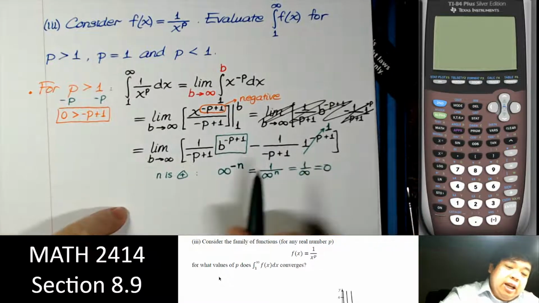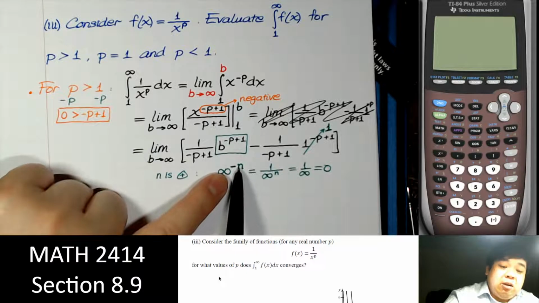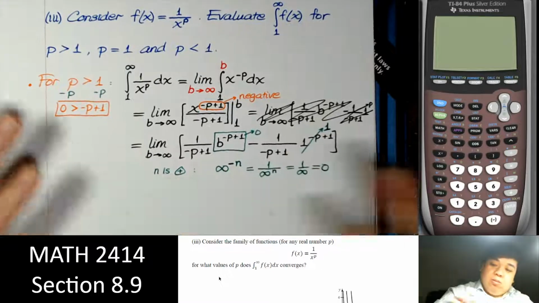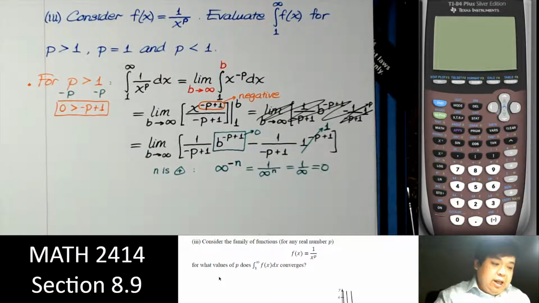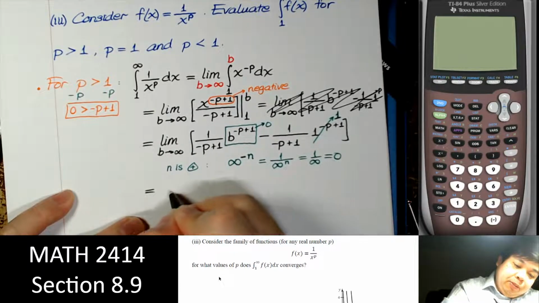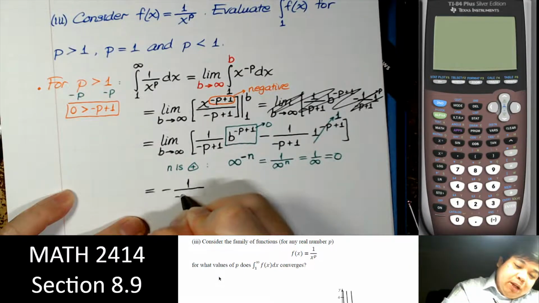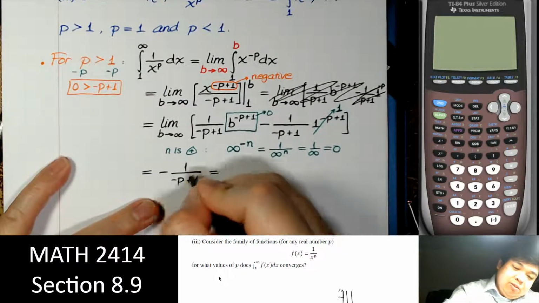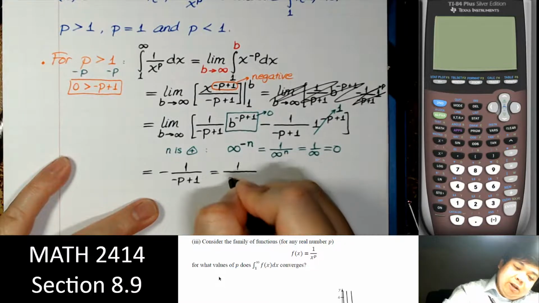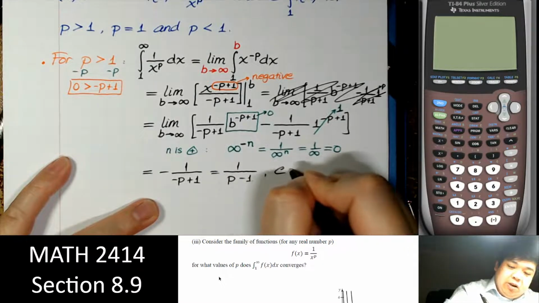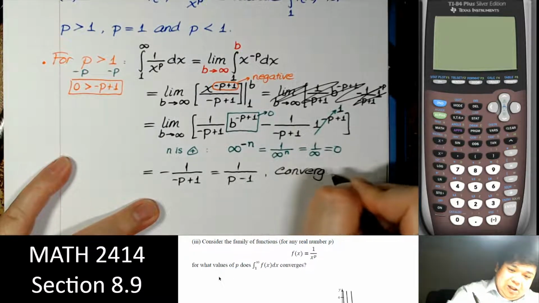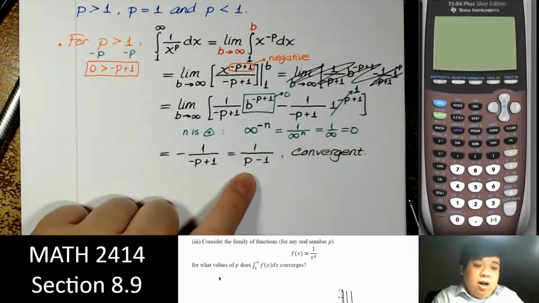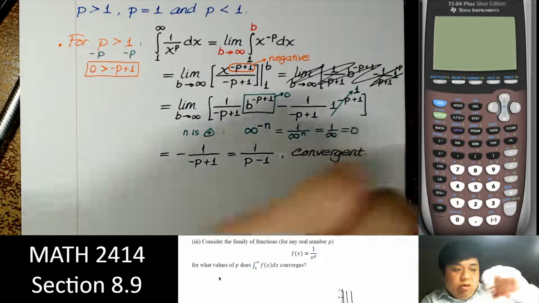So the bottom line is, if we have infinity raised to a negative power, it's going to be 0. So that one goes to 0, and this limit is equal to negative 1 over negative p plus 1. We can move the negative down, giving 1 over p minus 1, and that is convergent, because it is equal to a number.